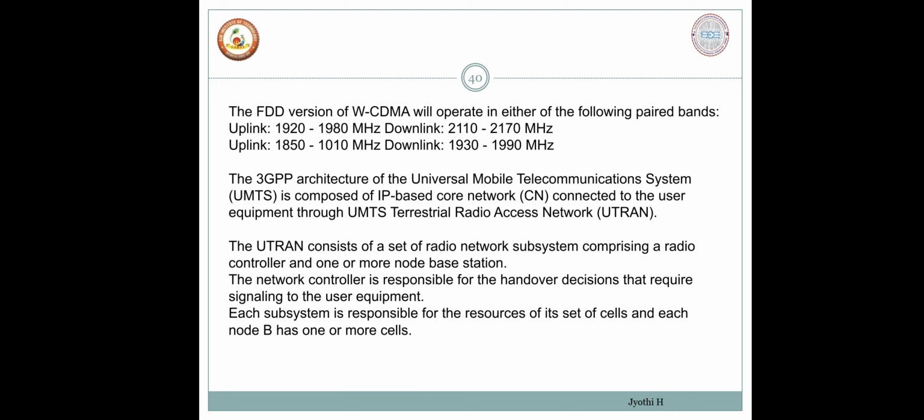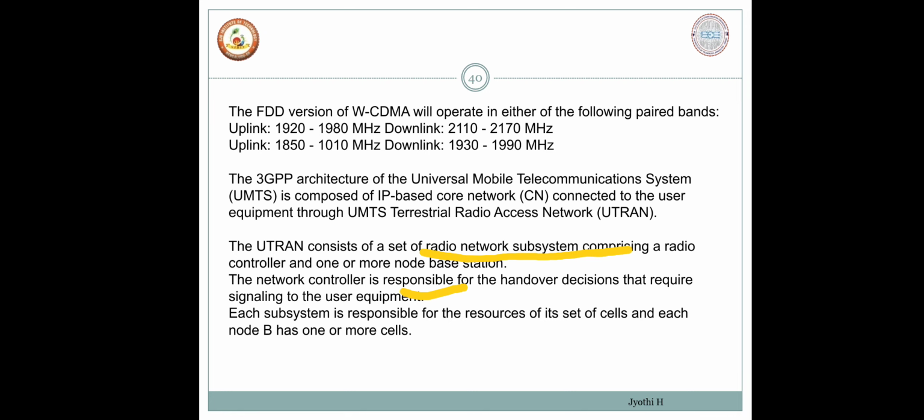The 3GPP architecture of the Universal Mobile Telecommunication System is composed of an IP based core network, the CN, connected to the user equipment through the UMTS Terrestrial Radio Access Network, the UTRAN, consisting of a set of radio network subsystems.